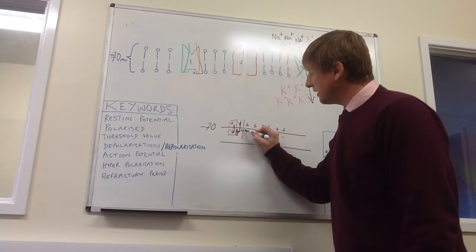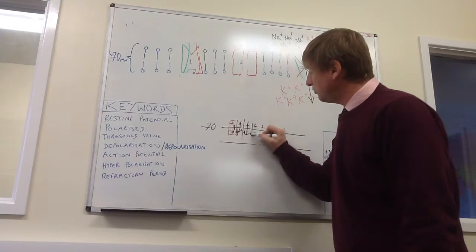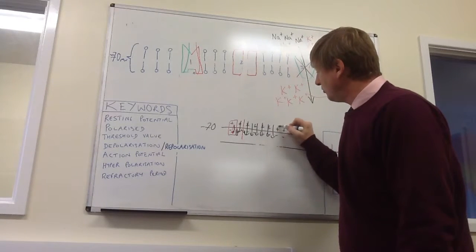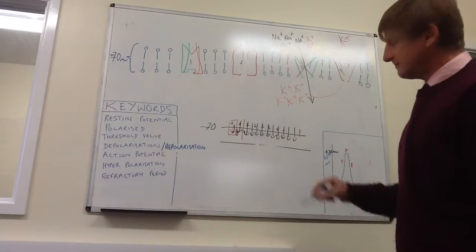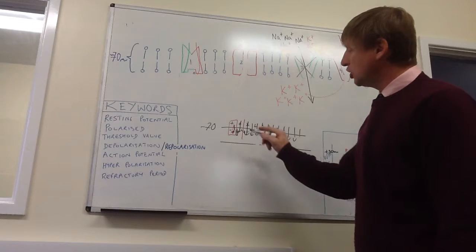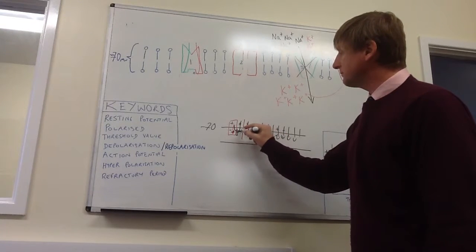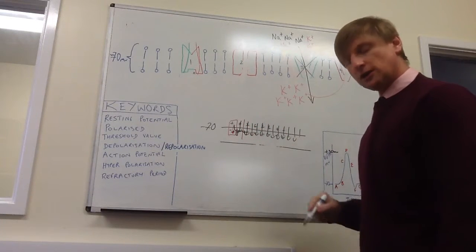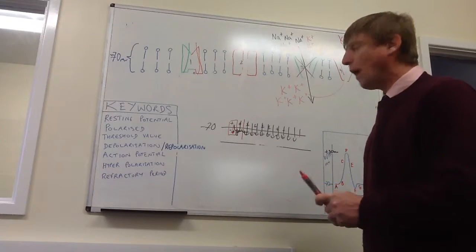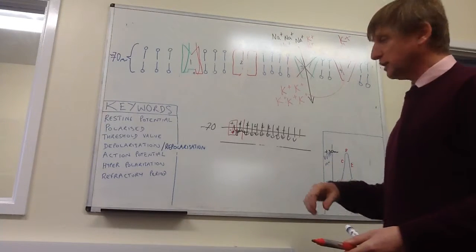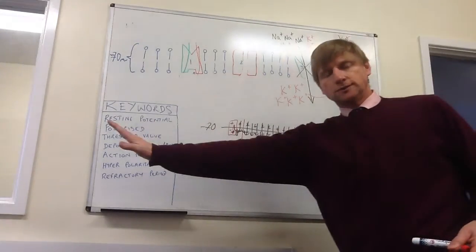And then pluses that come in will diffuse to the next part, and it will cause almost like a chain reaction, like dominoes, of these voltage-gated channels opening due to the drift by diffusion of these positive sodium ions. And we call that a wave of depolarization. And it's literally like dominoes.